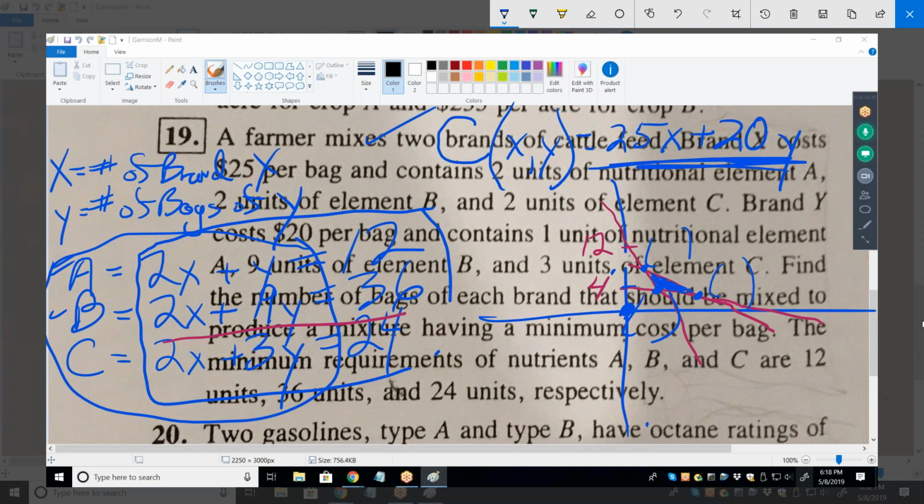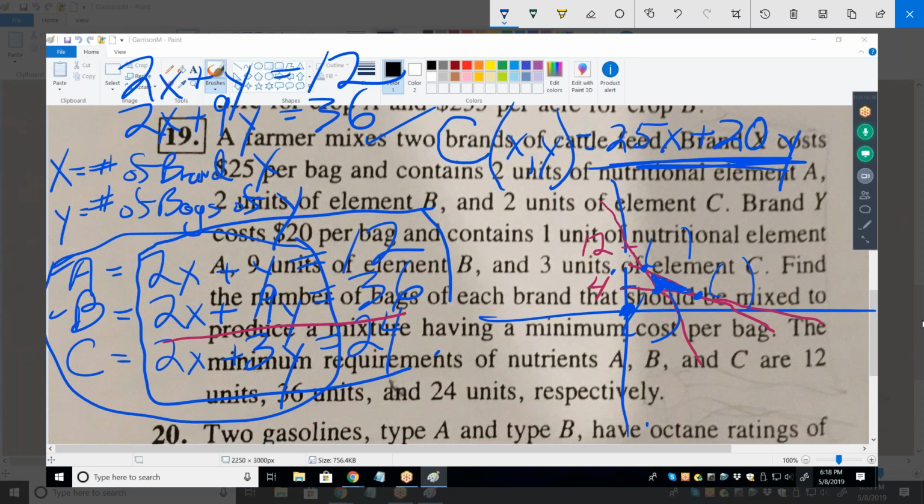So if we set them together, we have 2x plus y equals 12, and we have 2x plus 9y equals 36. I can solve this better by elimination.